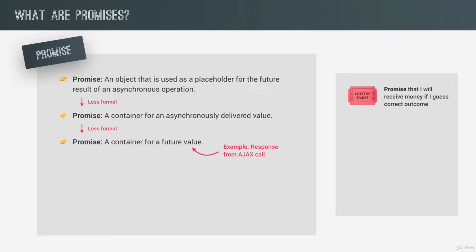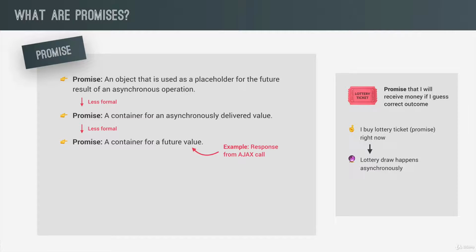So a promise is just like a lottery ticket. So when I buy a lottery ticket, essentially I buy the promise that I will receive some amount of money in the future if I guess the correct outcome, right? So I buy the ticket now with the prospect of winning money in the future, and the lottery draw, which determines if I get the money or not, happens asynchronously.